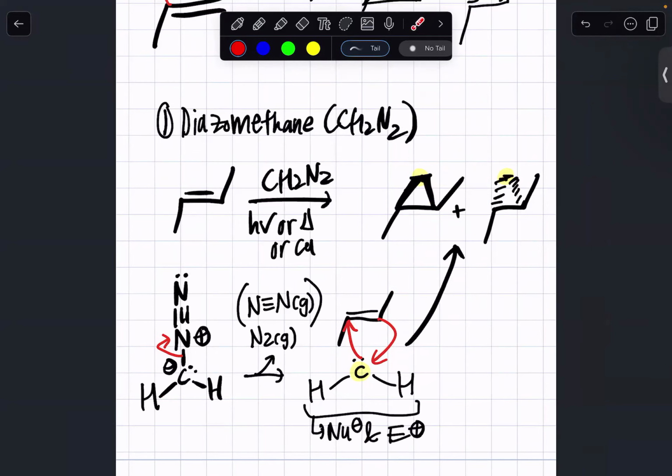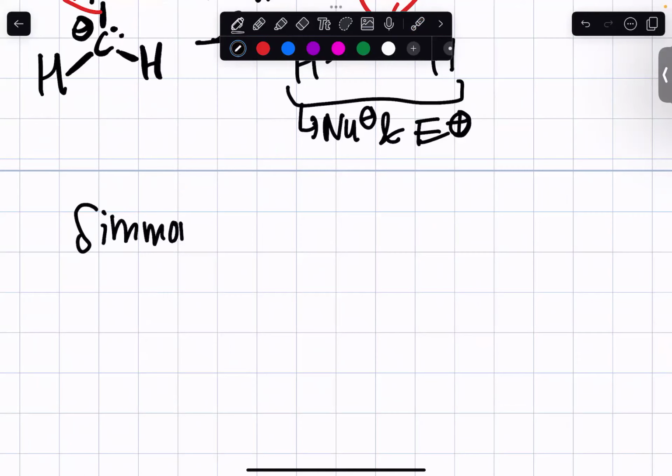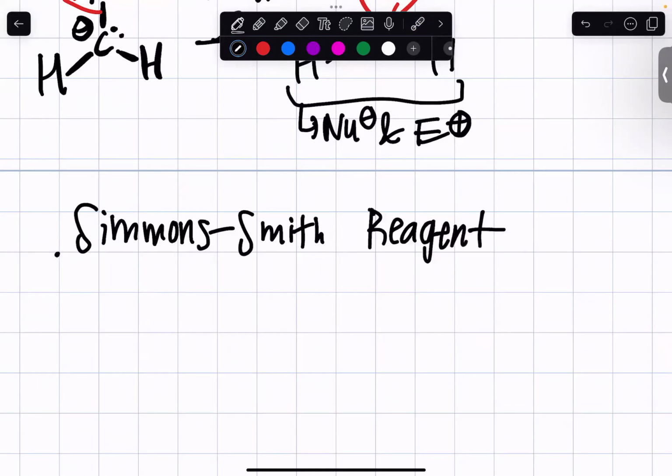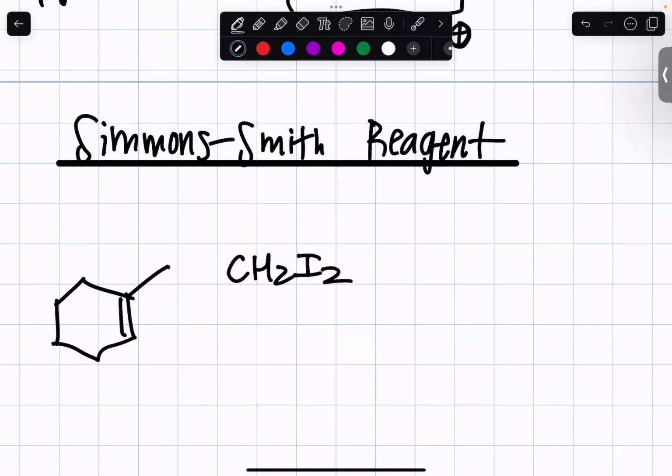Another type of carbene reaction that you can see is with the Simmons-Smith reagent. So let's say we have this alkene right here. The reagents you see with that is CH2I2 with zinc copper.